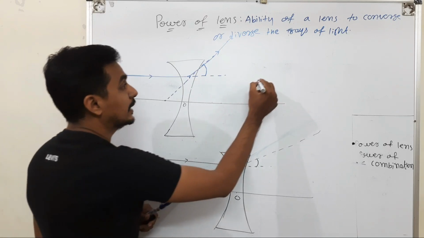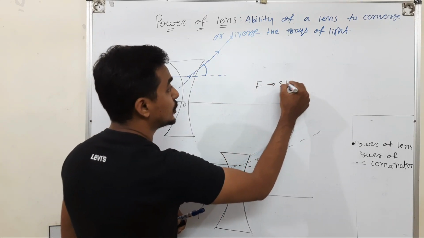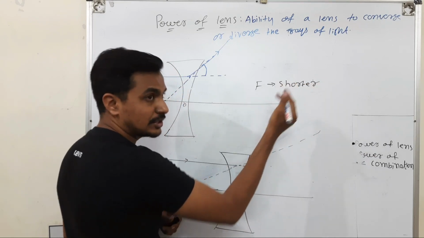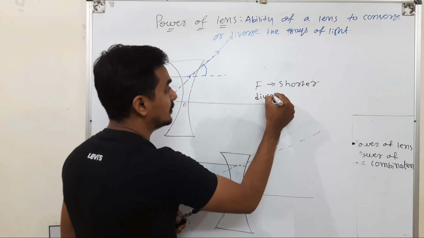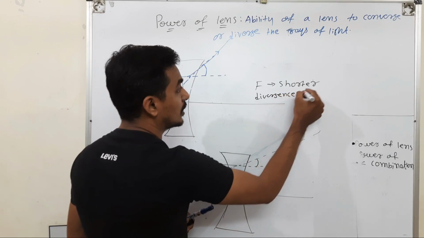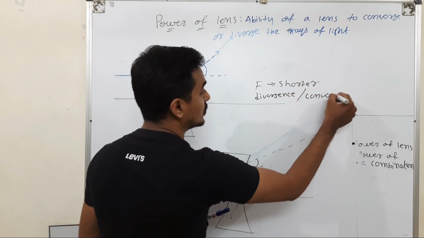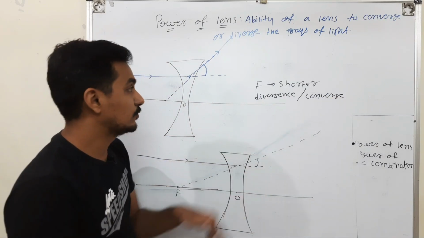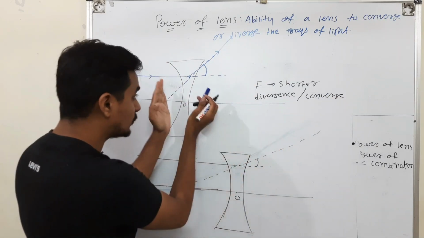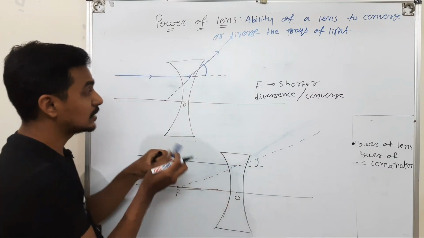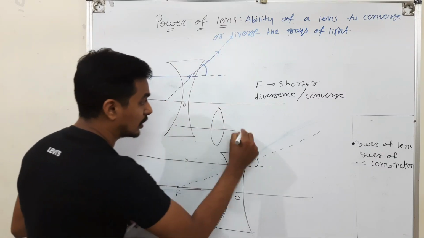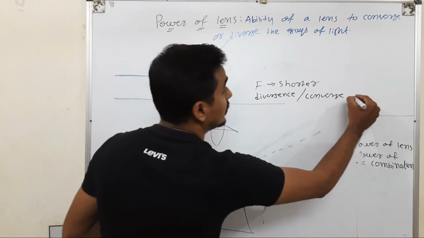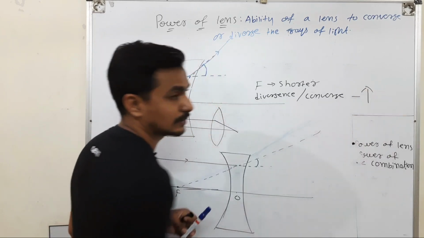So we can say if focal length is shorter, then the divergence or convergence, in case of the convex lens the rays are converging. So if focal length is smaller, the convergence is very large.